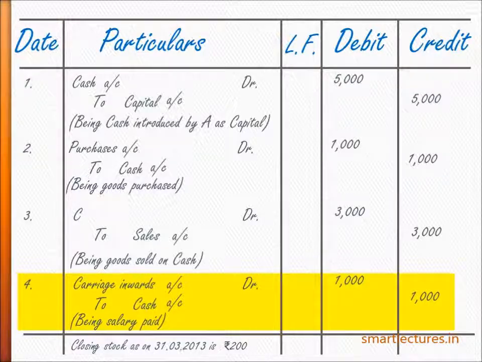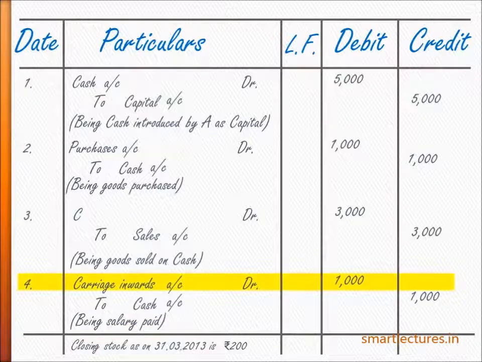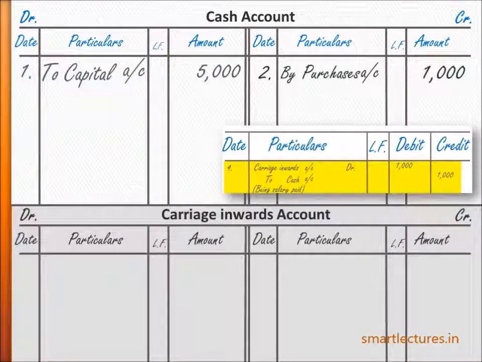Debit carriage inward account by rupees 1,000. Move to carriage inward account, and carriage inward should be debited by rupees 1,000. It means 1,000 should be written on the debit side of carriage inward account in the amount column.